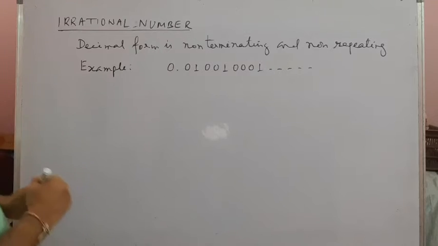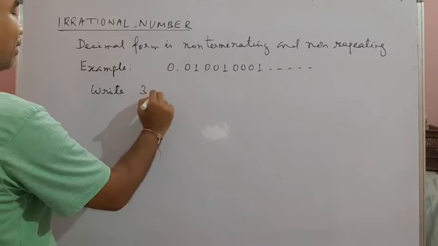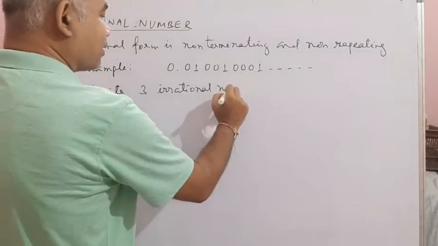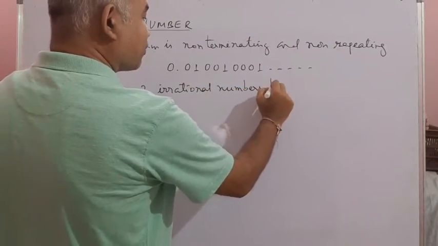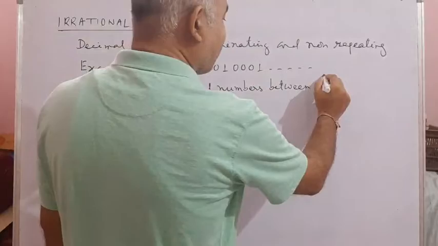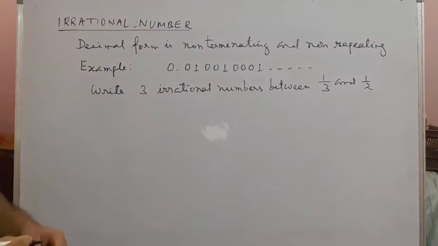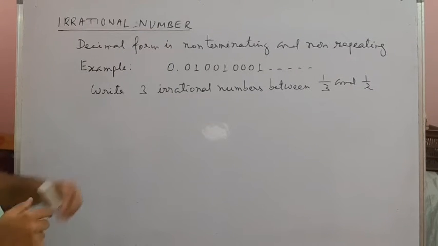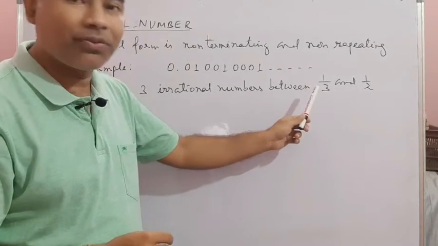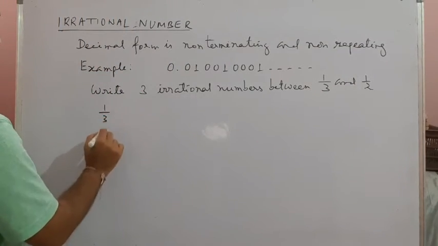Next, suppose you are asked to write 3 irrational numbers between two given rational numbers, say between 1 by 3 and 1 by 2. First of all, look at the given rational numbers, 1 by 3 and 1 by 2.